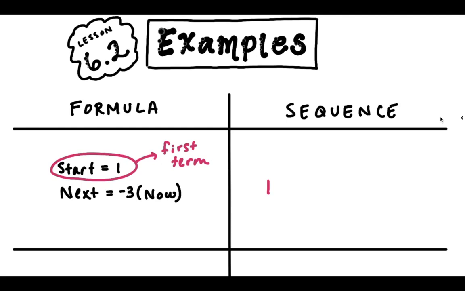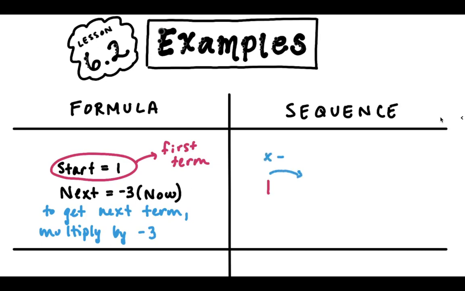So this is basically saying to get the next term, multiply by -3. Okay, so to get the next term over here, I need to multiply by -3. So 1 times -3 is -3. Okay, so that's the second term.